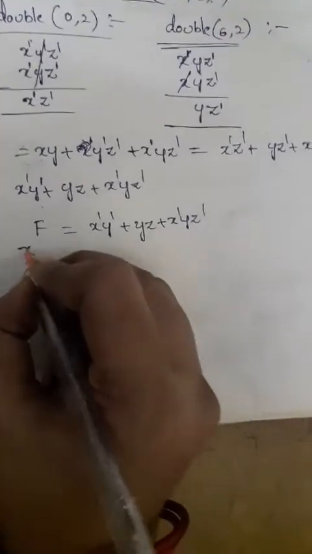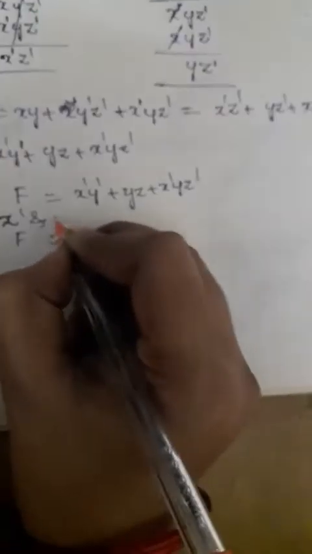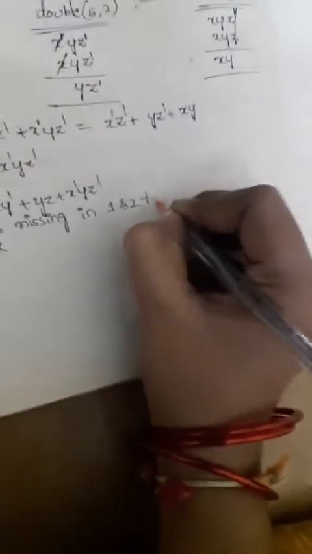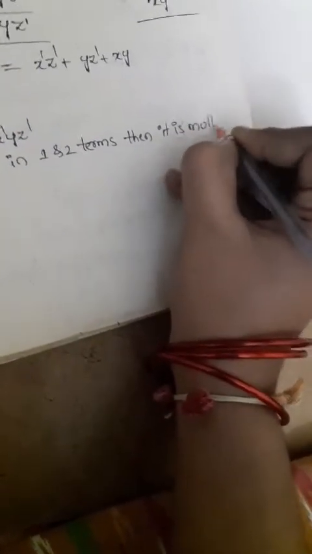So z and x are missing in the first and second terms. Then it is multiplied with the AND rule, a plus a complement.